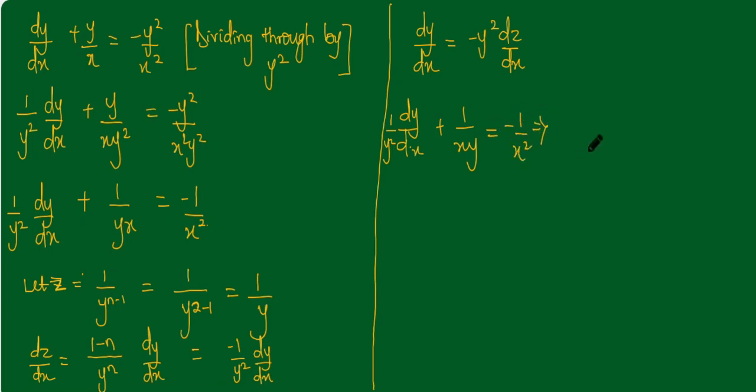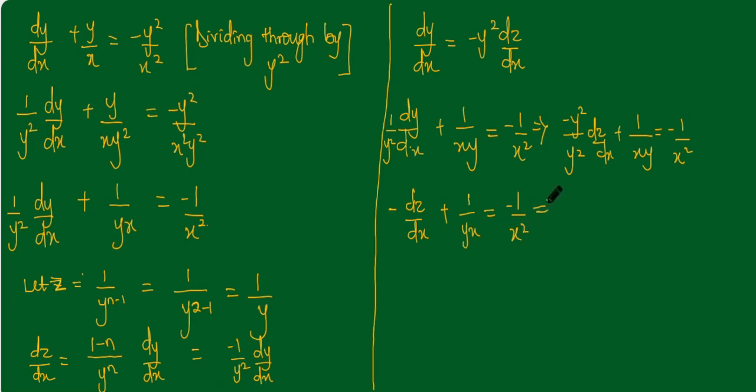We can substitute our value of dy/dx to give minus y squared divided by y squared dz/dx plus 1 divided by xy is equal to minus 1 divided by x squared. So we have minus dz/dx plus 1 over yx is equal to minus 1 over x squared.